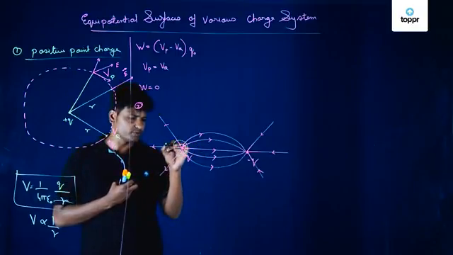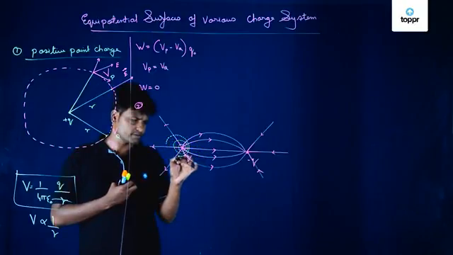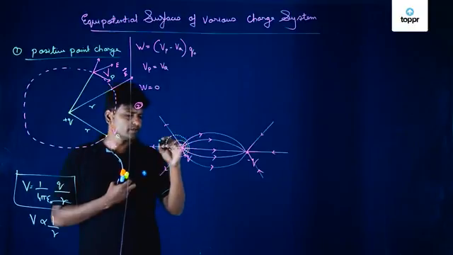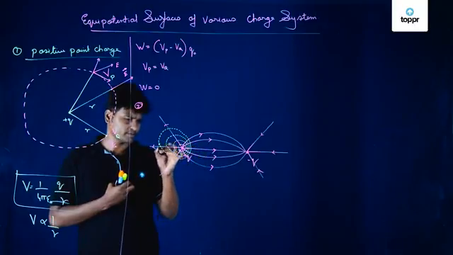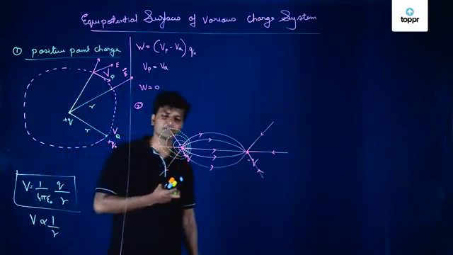The third surface would be like this. The fourth surface will be like this, right?